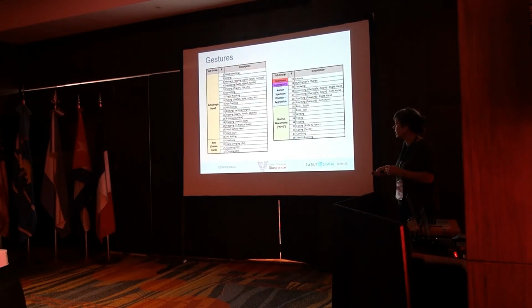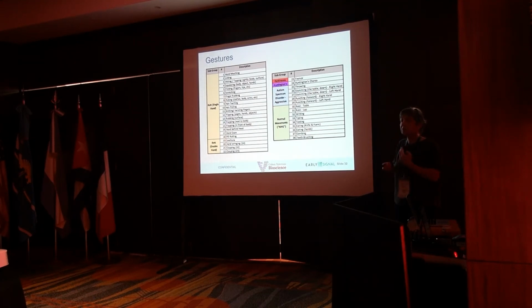There are many other things. We created data sets. These are healthy people doing all of these gestures. We have different volunteers that have done this, I think 9 now. And we do it for 3 different sessions, and each one is done for 20 seconds. Then we take this data, chop it in different ways, and we train algorithms to see whether we can recognize all of these things.